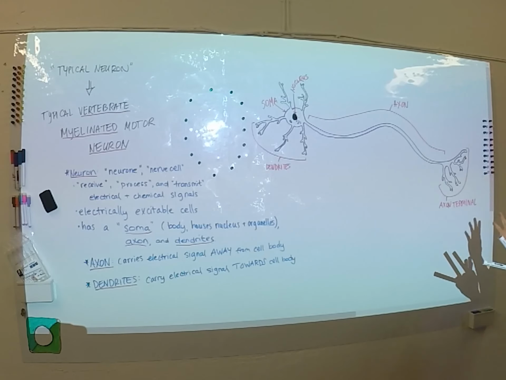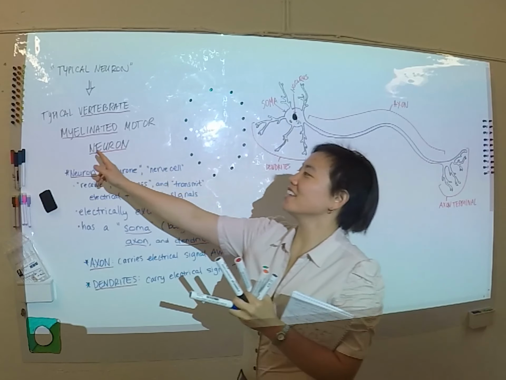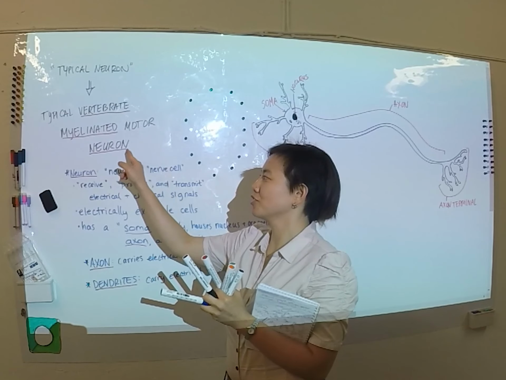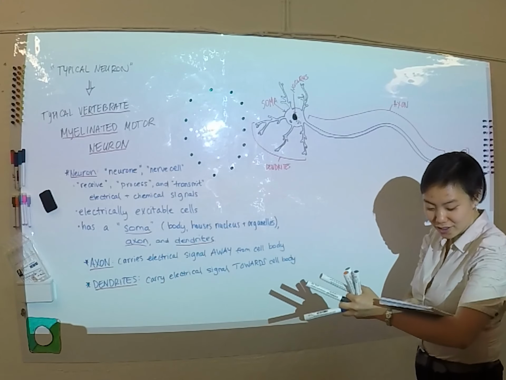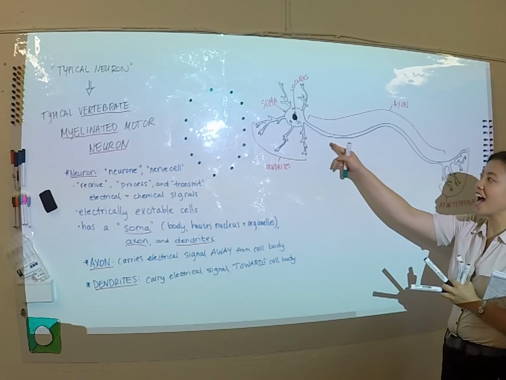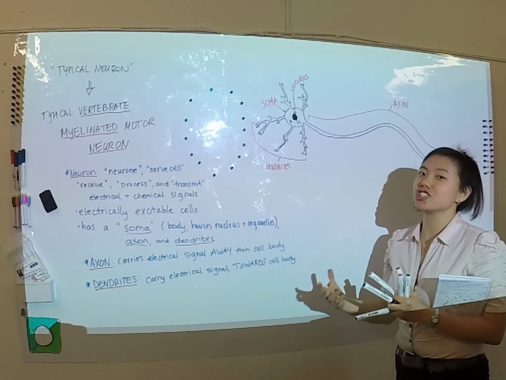Okay, now we still haven't addressed the myelinated part of typical vertebrate myelinated motor neuron. So let's do that. So myelinated means that the axon is insulated by myelin sheaths.